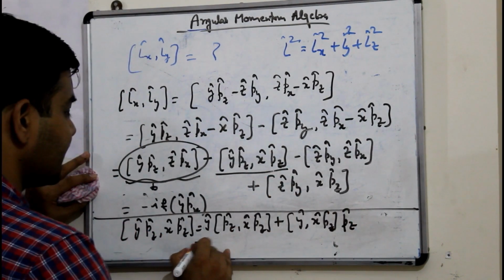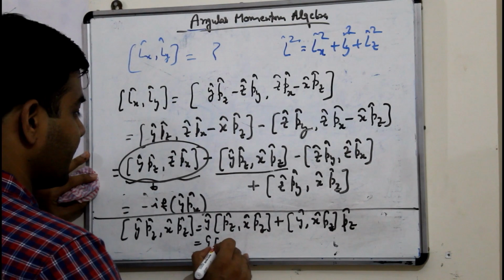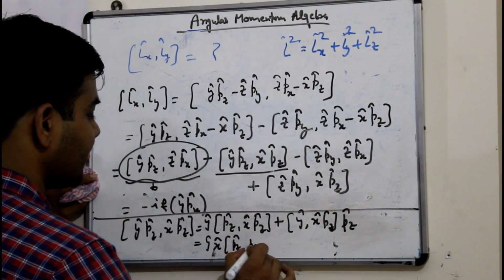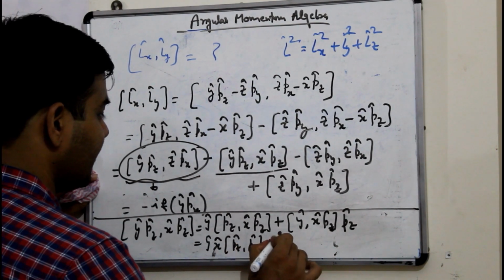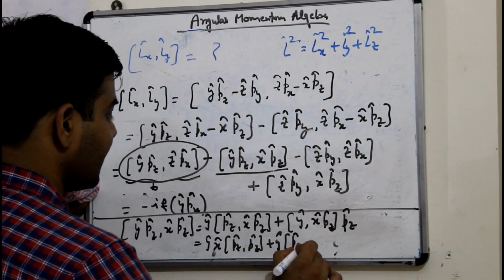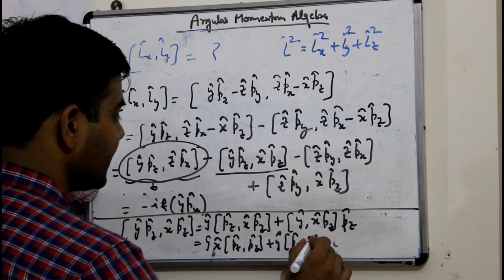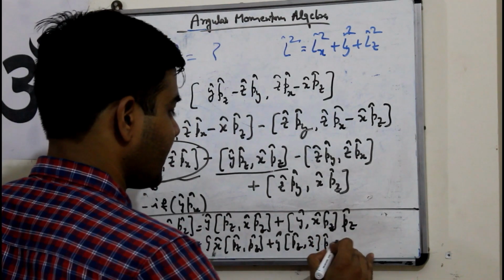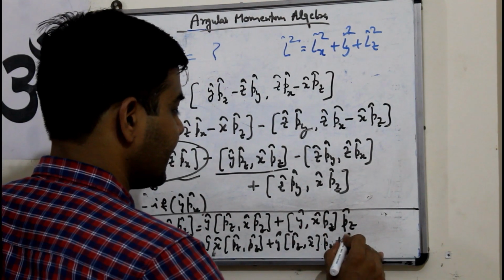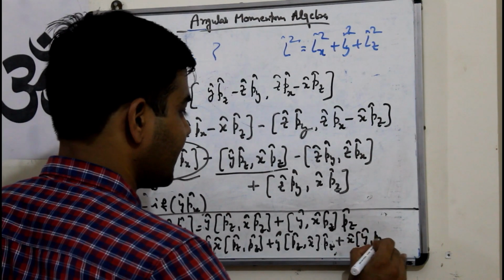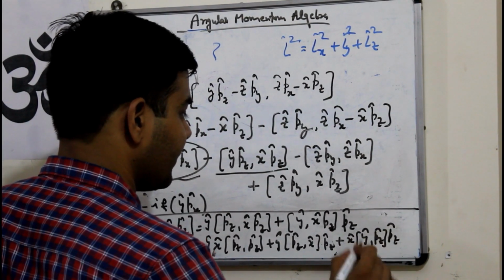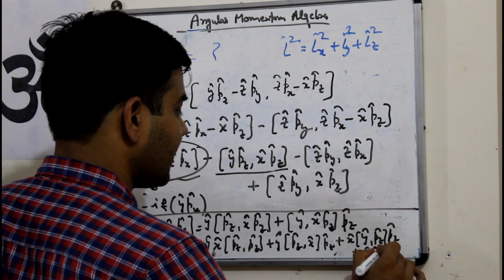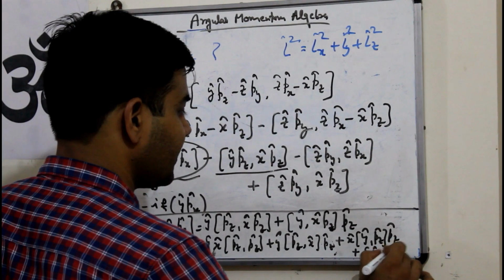Okay, so in the next step, y hat [pz hat, x hat] pz hat plus y hat x hat [pz hat, pz hat] plus [y hat, x hat] pz hat pz hat, and one more term which is plus [y hat, pz hat] x hat pz hat square.